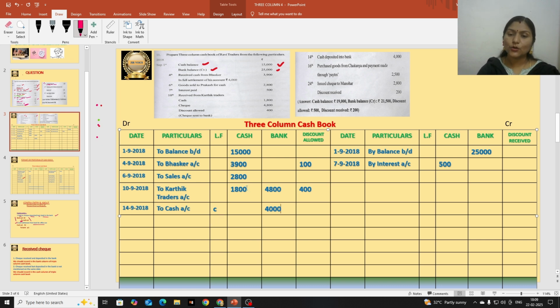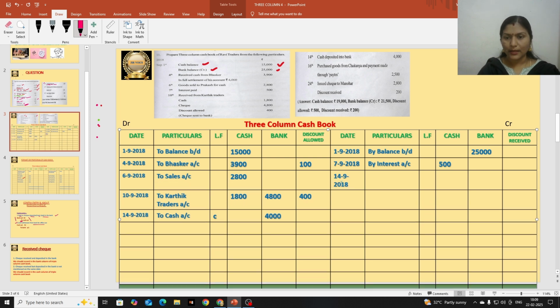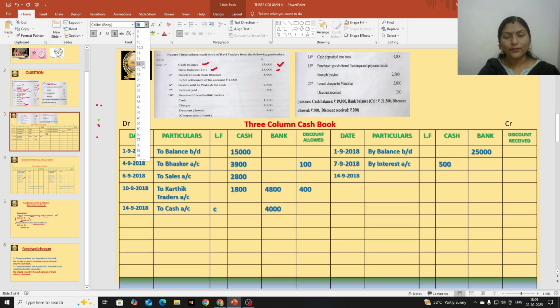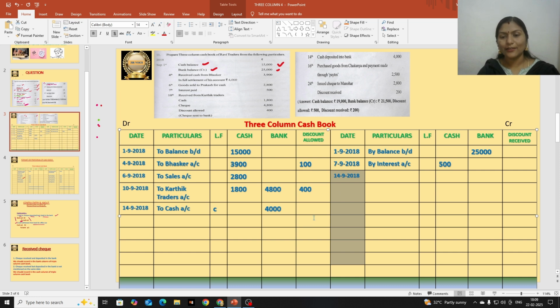And next let us go to credit side. Same date you write, 14-9-2018, and here we are going to record the contra entry second time. What we will write? Already, what happened here? We wrote first on the debit side. Our entry is bank account debit to cash account.